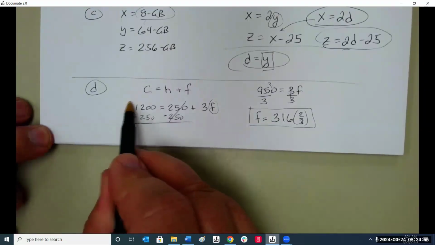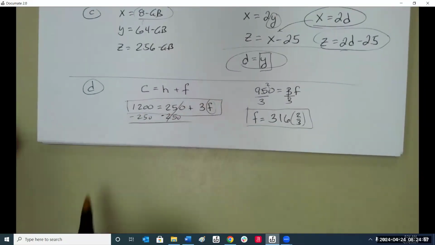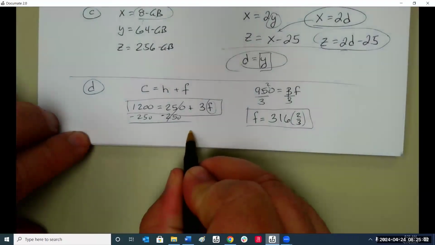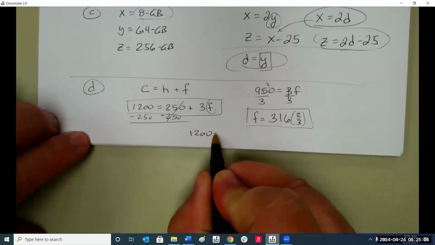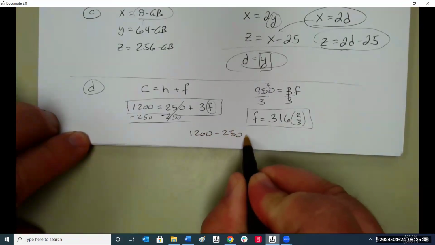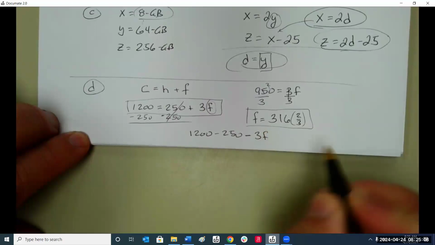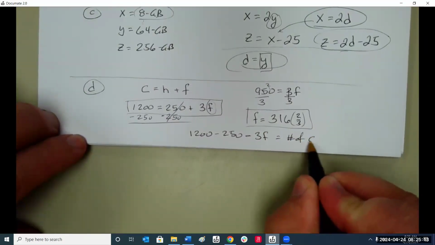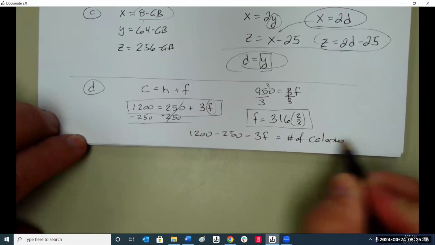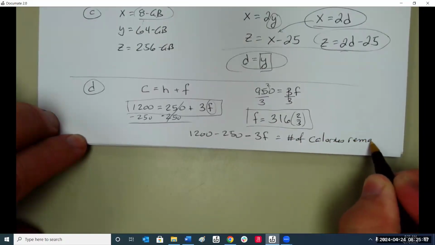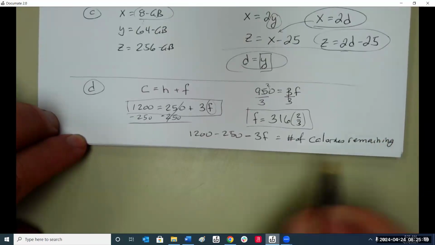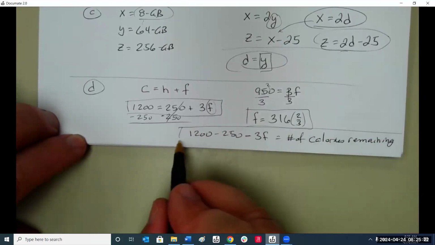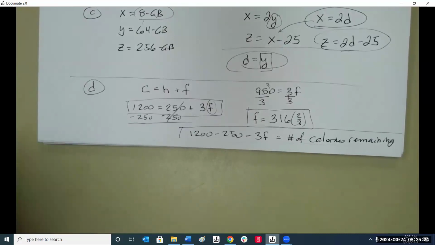So if we start off with this equation here, move everything to one side, we'll get 1200 minus 250 minus 3F, and this is your equation for the number of calories remaining, depending on how many fries he ate.